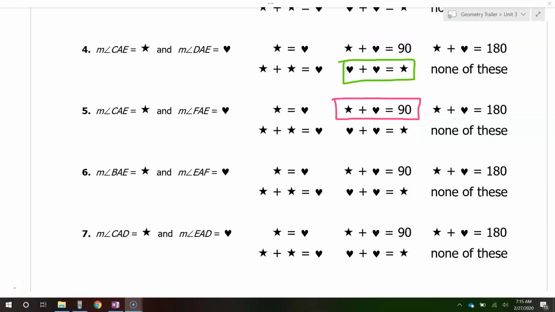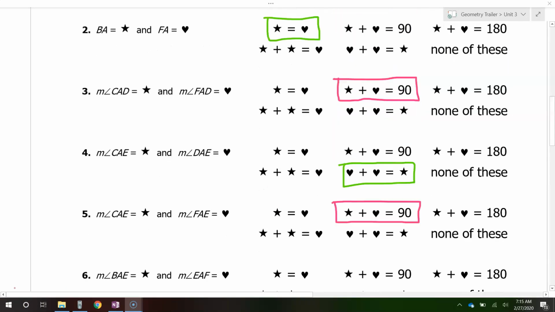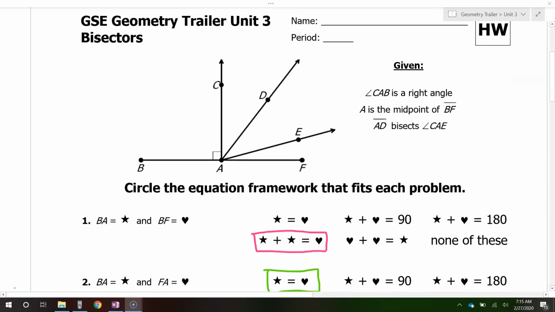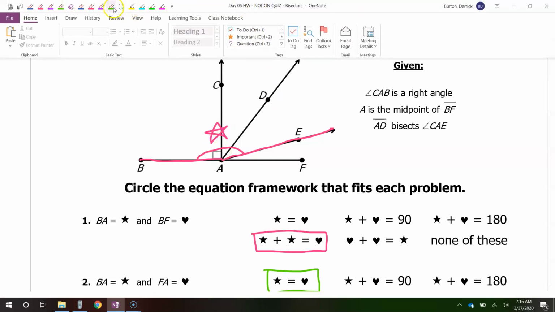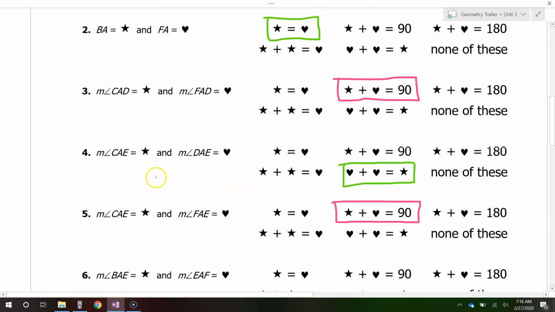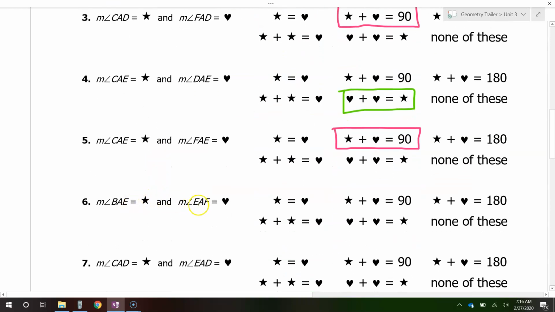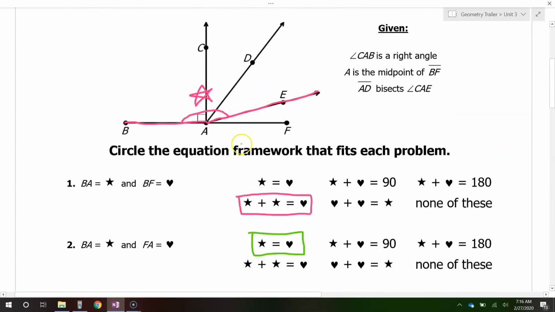All right, next we have angle BAE is the star. So this right here is the star. Then we have angle EAF is the heart.